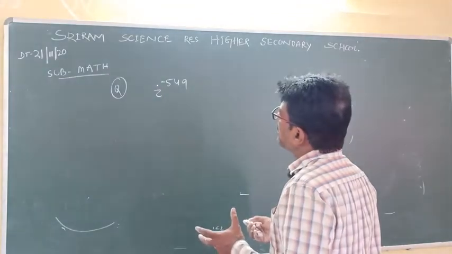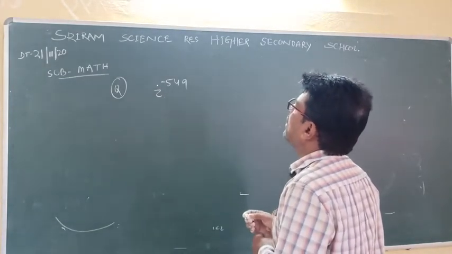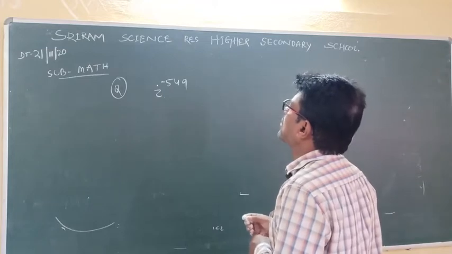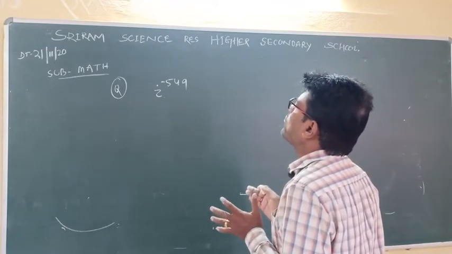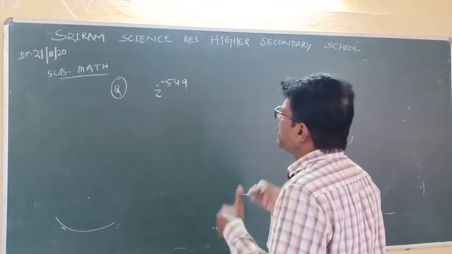That is a very easy question, but sometimes students fail to do this problem because they go on a wrong path or wrong way and never reach the value of the solution.